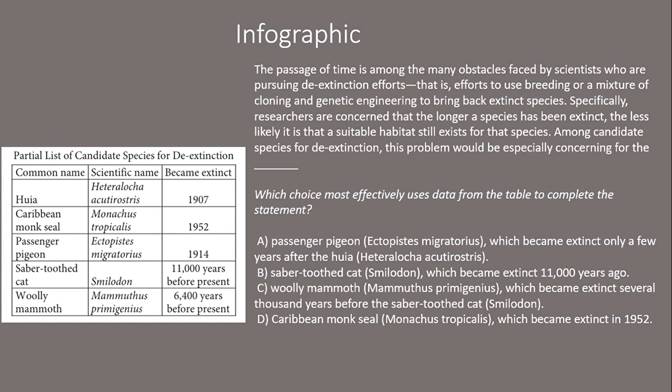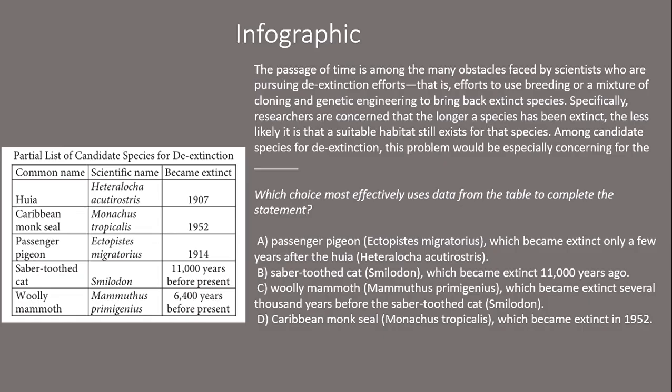Now, what is the passage saying, or what is the text saying? The text says the passage of time is among the many obstacles faced by scientists who are pursuing de-extinction efforts. That is, efforts to use breeding or a mixture of cloning and genetic engineering to bring back extinct species.